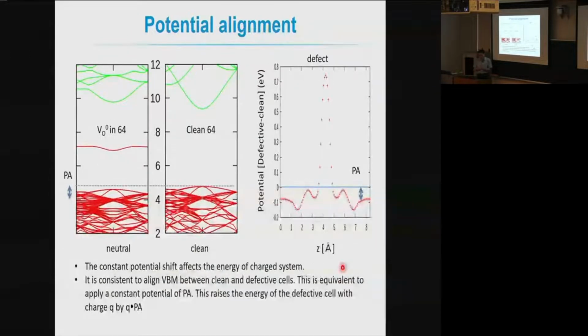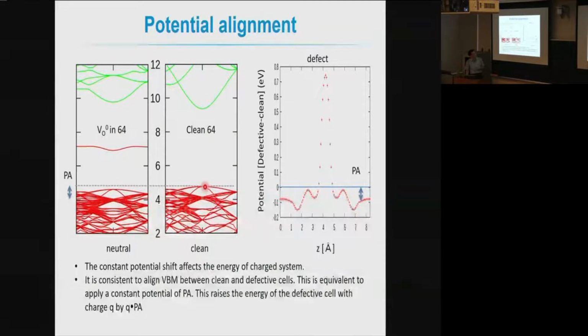Okay, so the second is the potential alignment. Why is that? It started from comparing the band structure of the periodic system, the completely clean system, and the defective system. So this is a neutral defect, there's no charge, but when you compare the valence band maximum, it is slightly lower than the valence band maximum of the clean supercell.